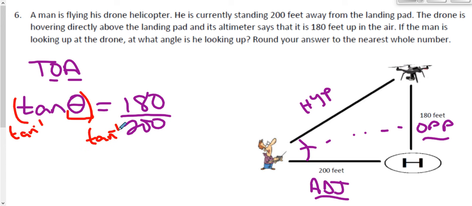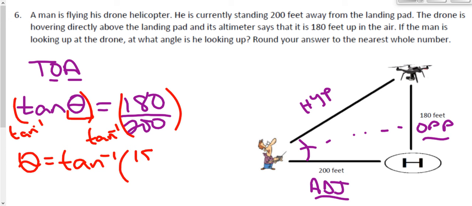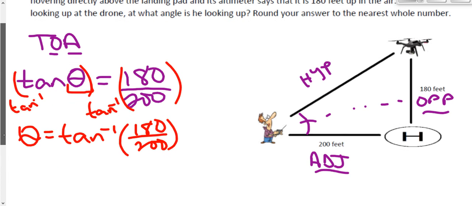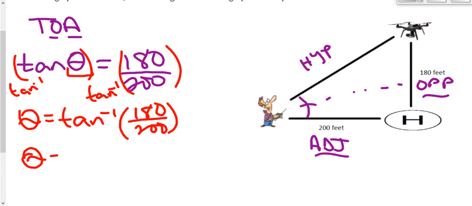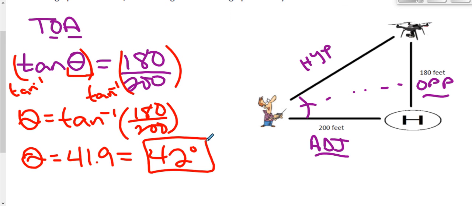So tangent inverse of both sides. So theta will equal the inverse tangent of 180 over 200. And again, it wants the nearest degree. So theta equals 41.9, which rounds to 42 degrees. And that's it for question 6. We're going to move on to converting in the next video.